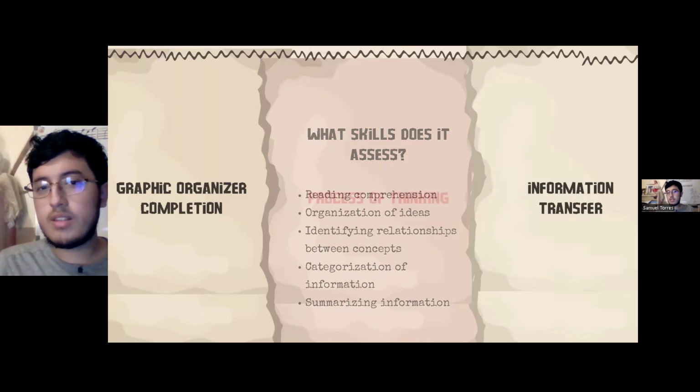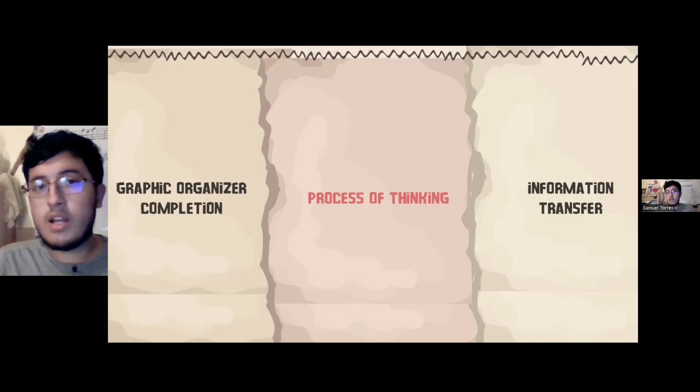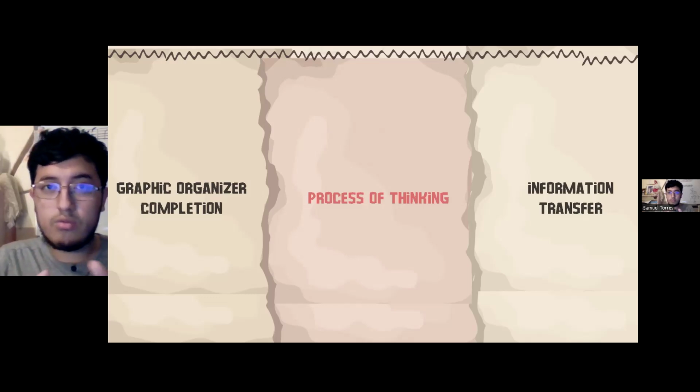But what is the point of difference is the process of thinking. As I said, in the graphic organizer, a student has a way to run, but in the information transfer, he needs to make that way.